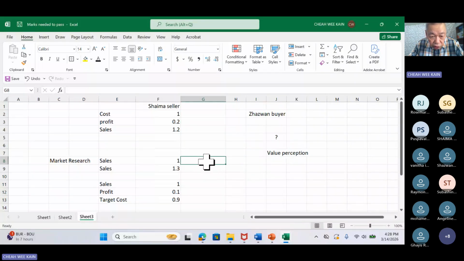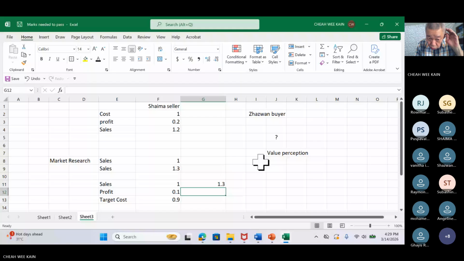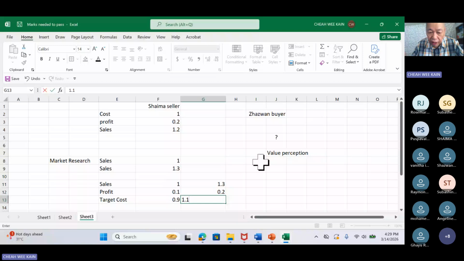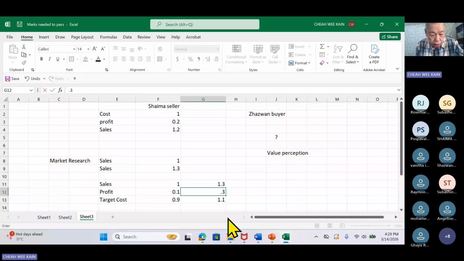Now, if Shaima wants to sell to a rich customer, he has a choice. He can put 0.2, and then he can have a target cost of 1.1. Then his can be a better ingredient than his cost right now because he's selling more expensive, or he will still have 0.3 and still have the same cost.